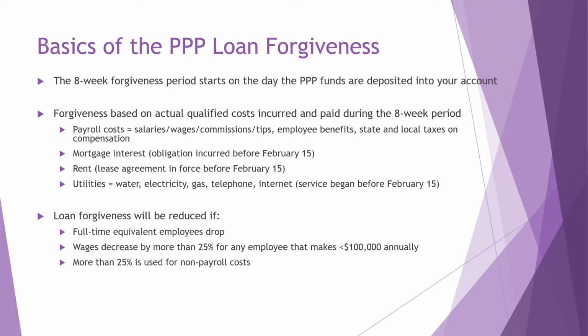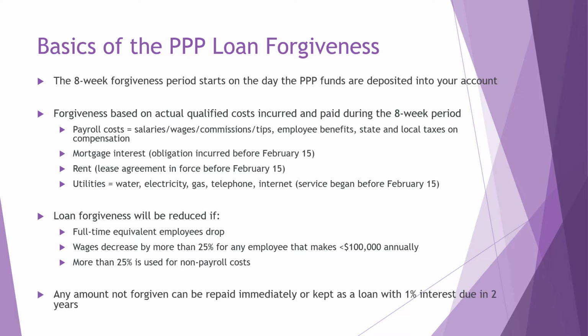So that would be those mortgage interest, rent, and utility payments. And we'll do a couple calculation examples here in a minute on some of those. Now, any amount that does not get forgiven, you can either repay immediately with no payment fees, or you can keep it as a loan with those original terms of 1% interest due in 2 years.